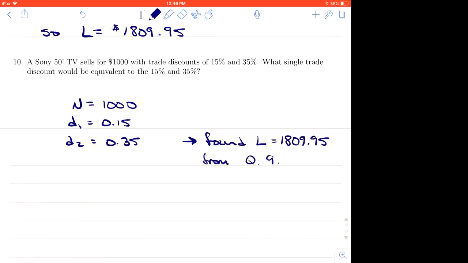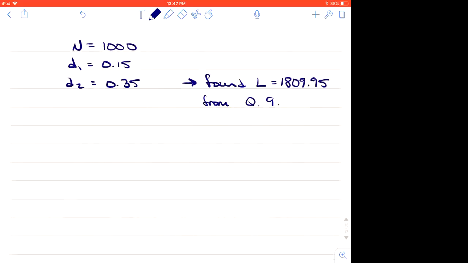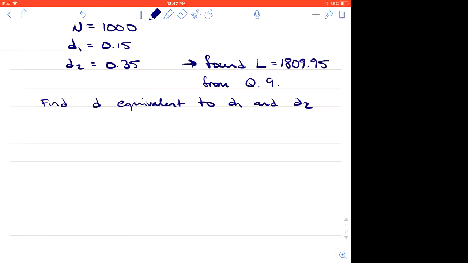You can use stuff that you found earlier, if you're sure that it matches, that's fine. So we want to find D equivalent to D1 and D2.